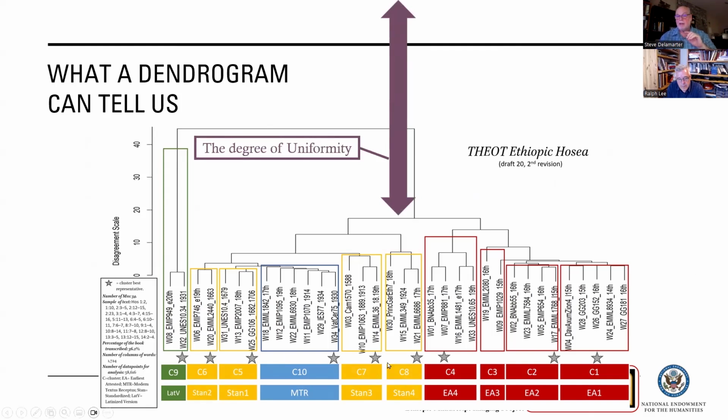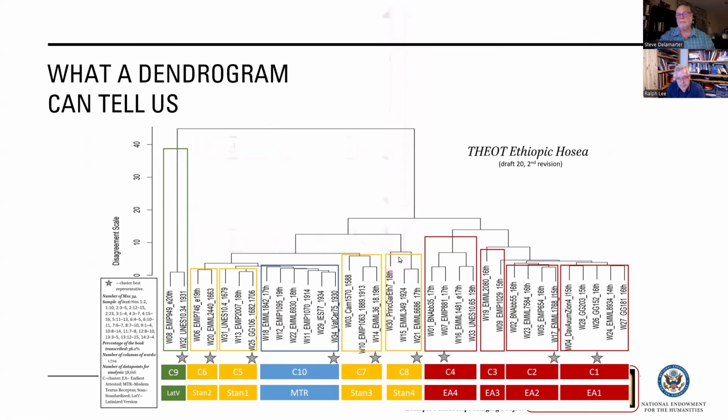In this dendrogram, the most important information is not all this stuff down here, but all this white space up here, up to the top, because that tells us that 85% of the tradition, for the vast majority of the manuscripts, all of their columns are 85% uniform in terms of shared root. That means that the degree of difference is played out in the final 15%.